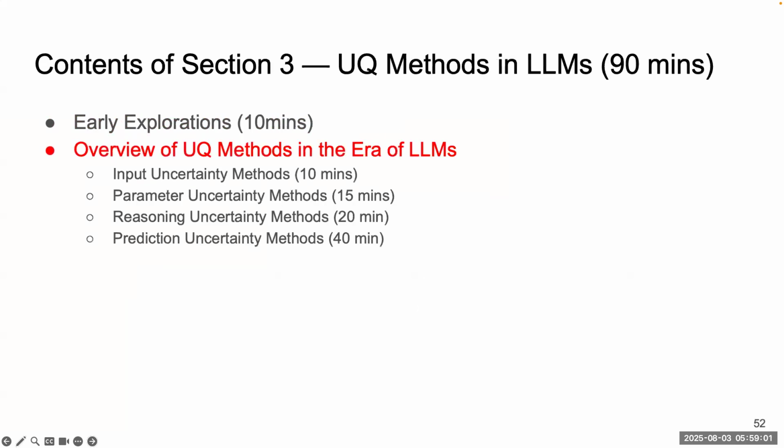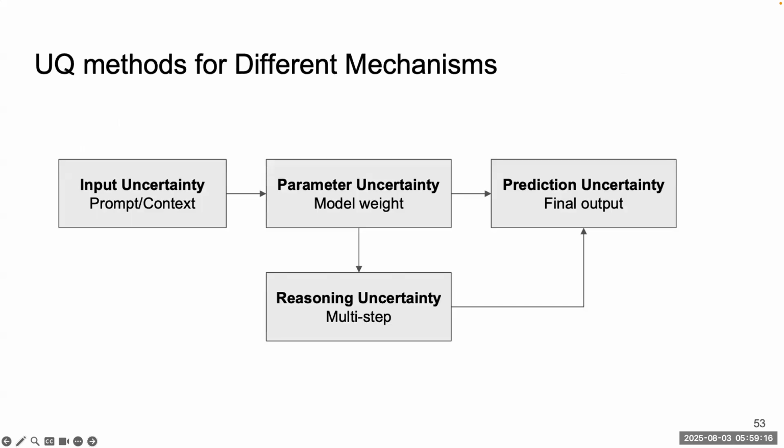Then let's talk about some more complicated techniques that are based on a similar idea, but deal with certain specific challenges, corresponding to the challenges of large language models in estimating uncertainty that we talked about previously. Then there are different categories of uncertainty quantification methods for different mechanisms.